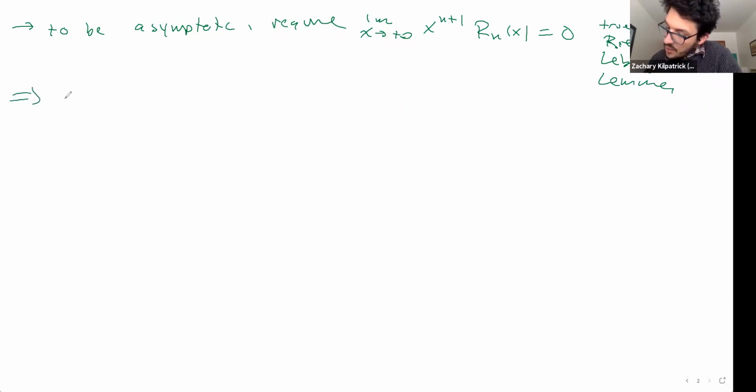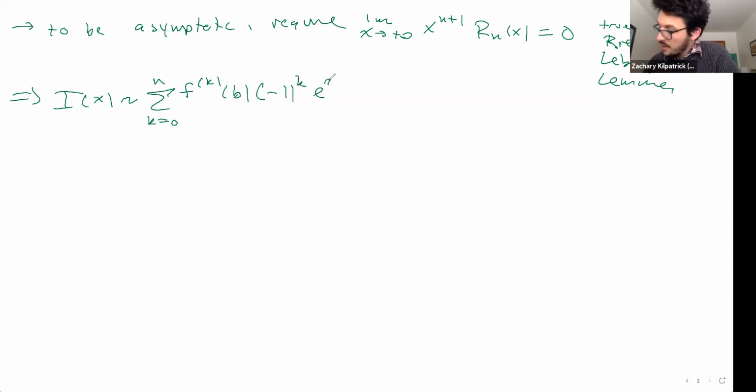So then in general, we can say that to leading order, or to however many orders we want, I of x can be approximated by this term evaluated at b minus this term evaluated at a.